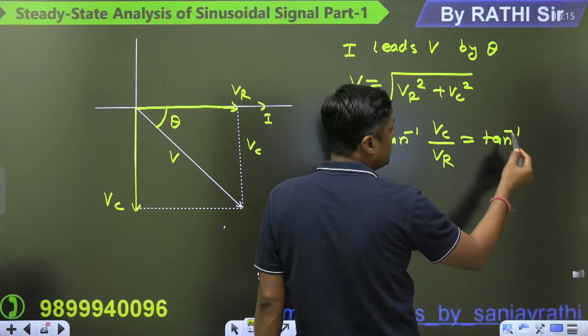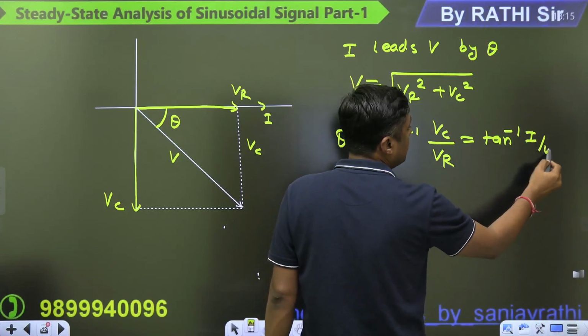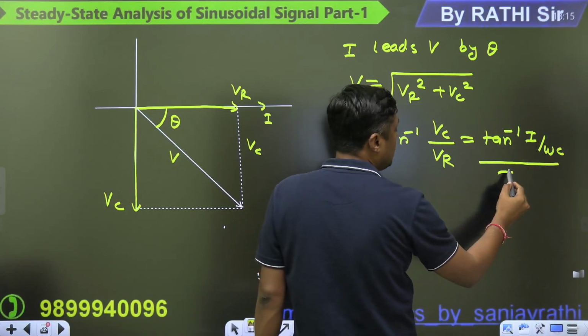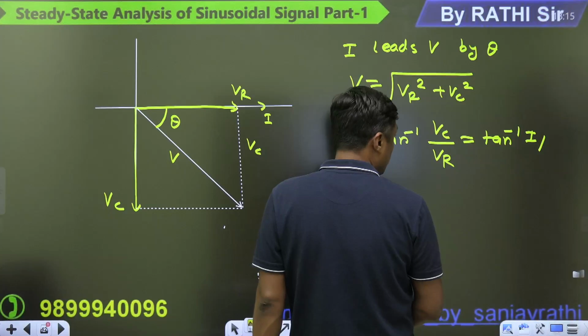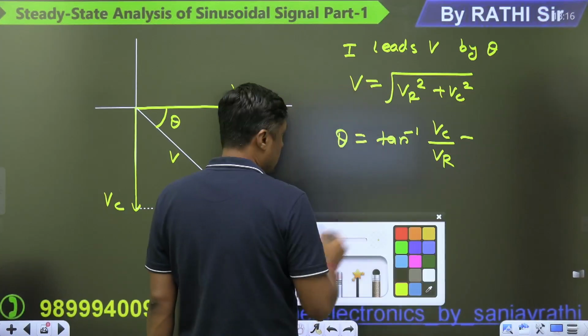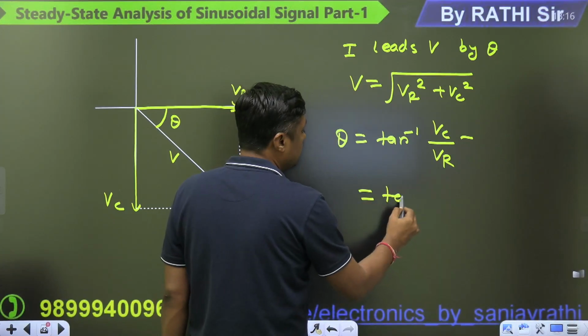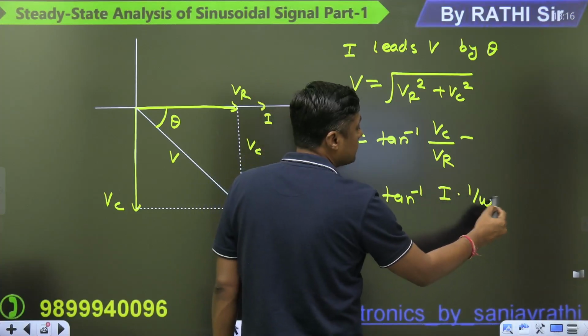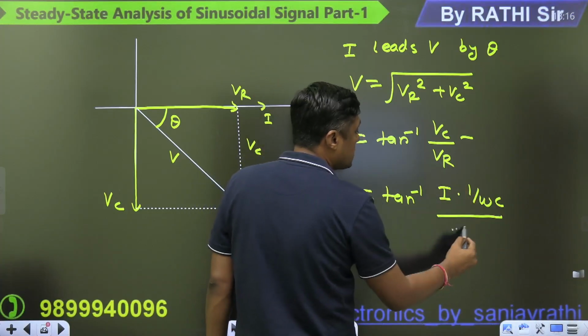What is the VC? Voltage across the capacitor, I by omega C. I am just writing the magnitude. And what is the VR? IR. That's why it will become tan inverse of, what is the VC? I into 1 by omega C. What is this? IR.